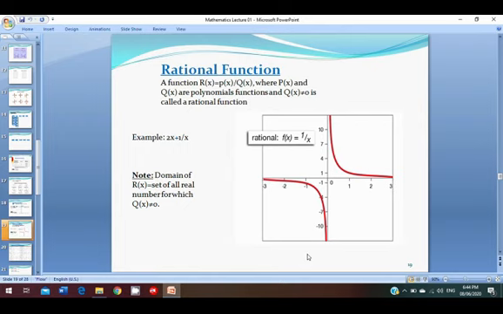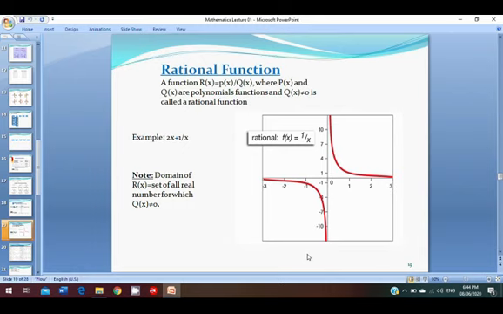Look at the example: 2x plus 1 divided by x. In this example, you can put any real number and just avoid which number? 0. Why? If we put 0 in this example, we get 2 multiplied by 0 plus 1 divided by 0, which gives you 1 divided by 0, which is an undefined form.